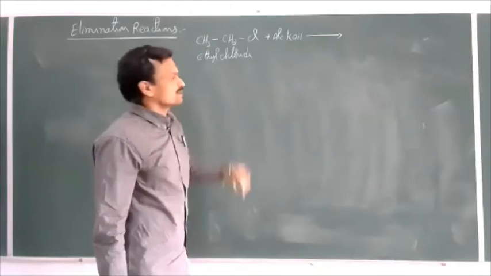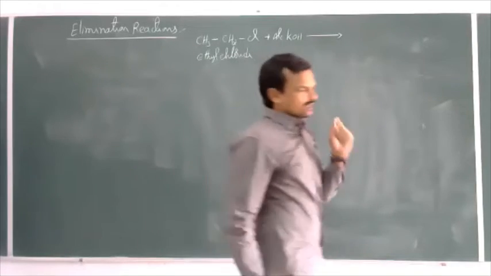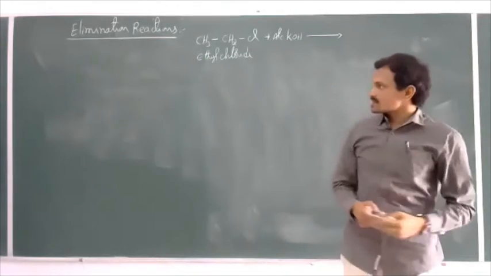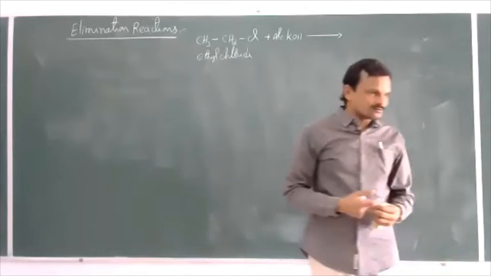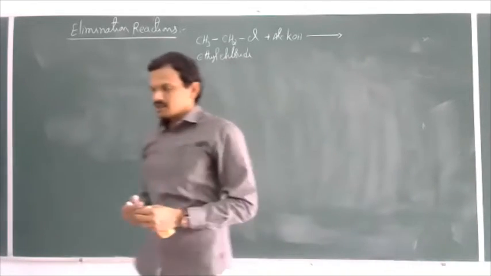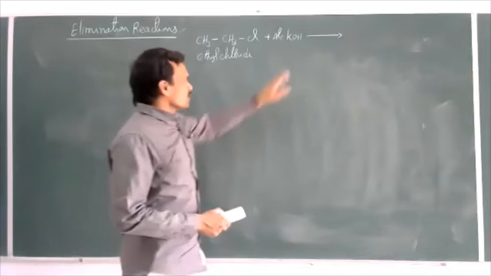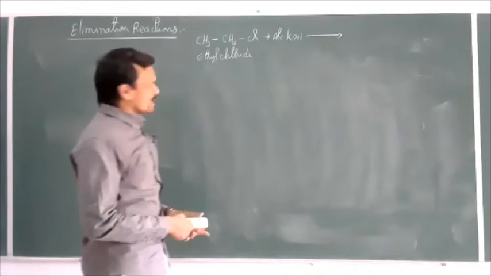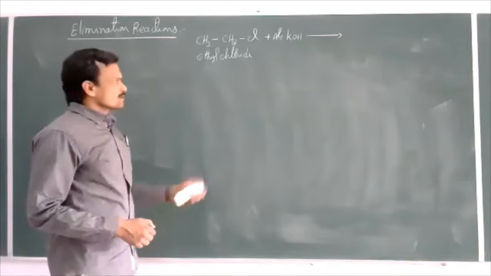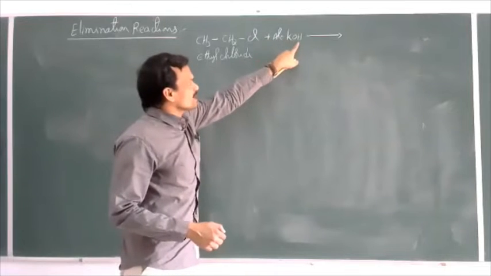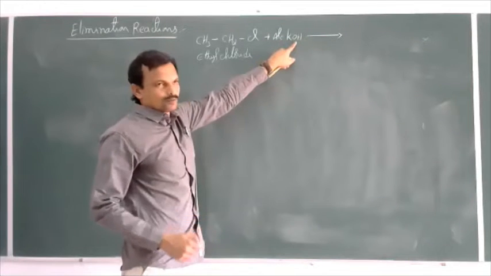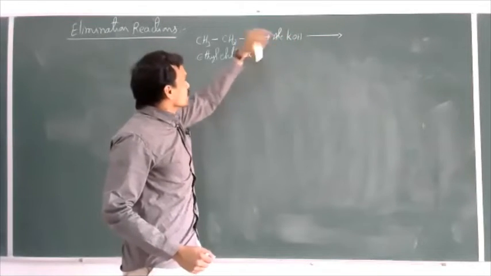The difference between these two is that in aqueous KOH, OH minus acts as a strong nucleophile, whereas in alcoholic KOH, OH minus acts as a strong base. Since OH minus in alcoholic KOH acts as a strong base, it prefers elimination.